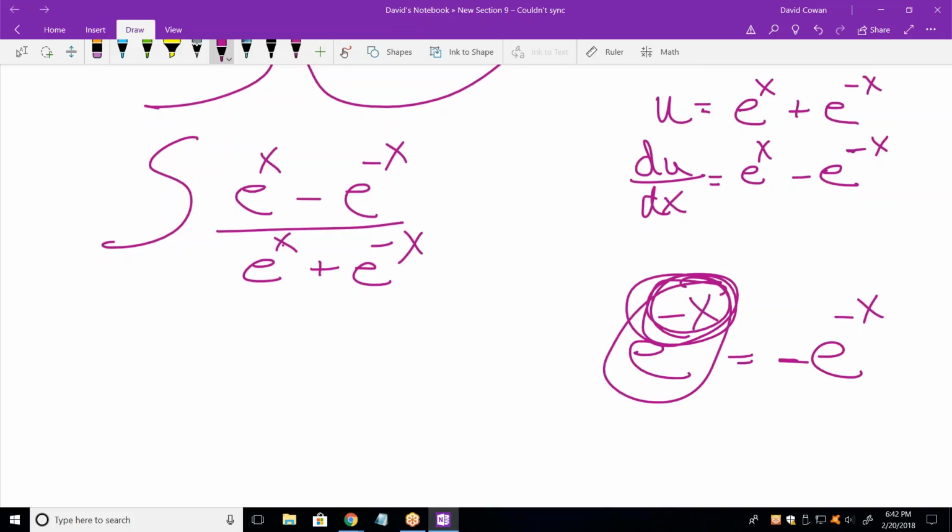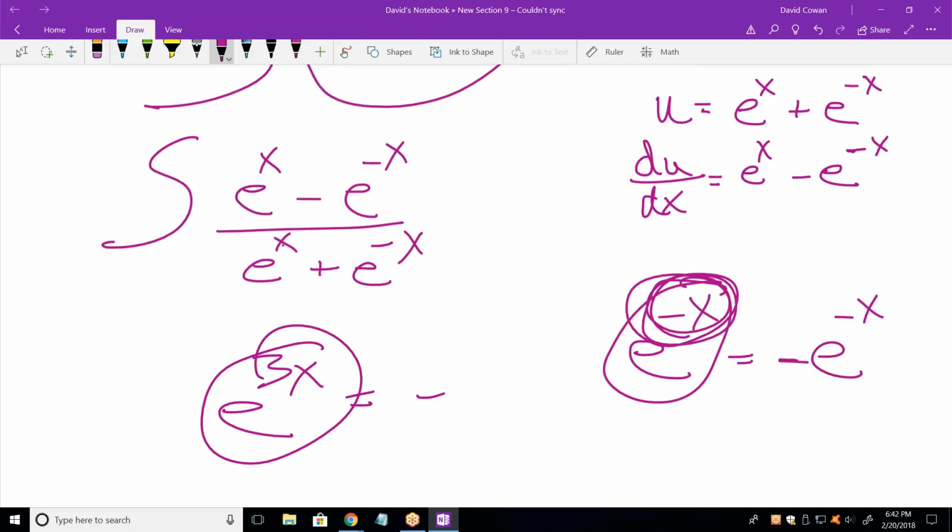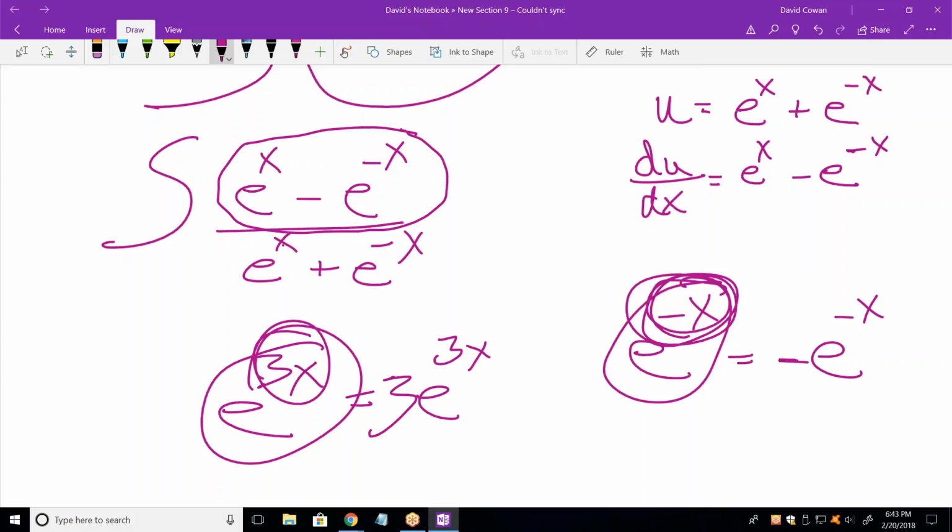Same way that e to the 3x, if I differentiate that, I get e to the 3x times the derivative of the inside using the chain rule, times 3. So the derivative of my u is my numerator.